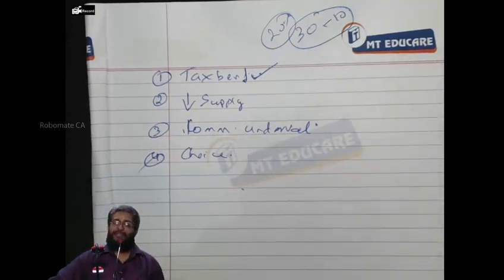Point number 3. Investors generally buy undervalued shares.